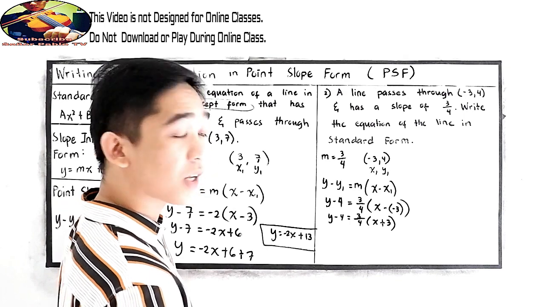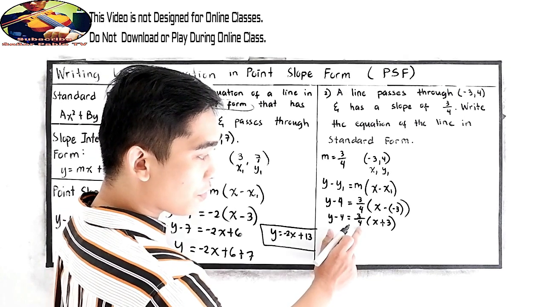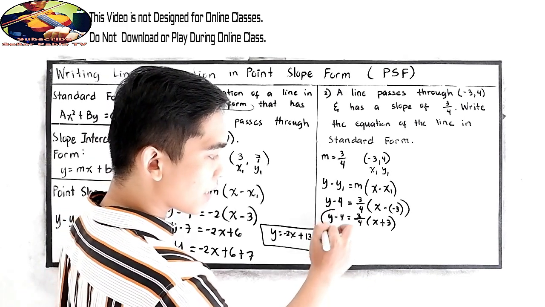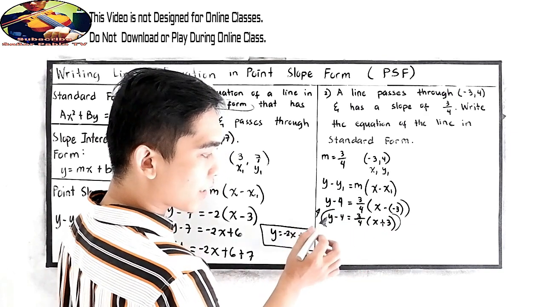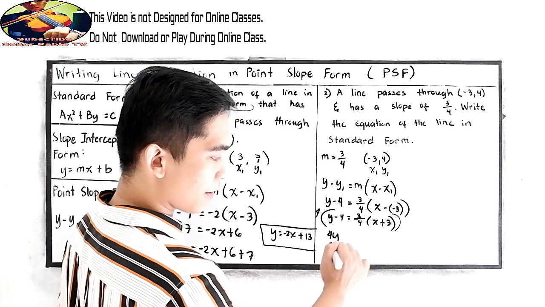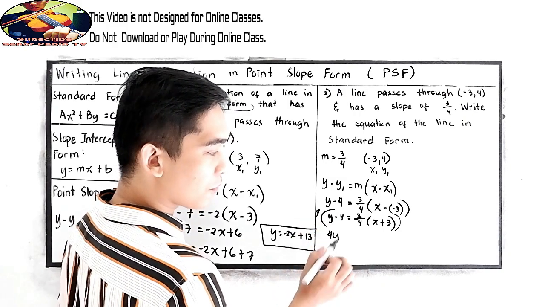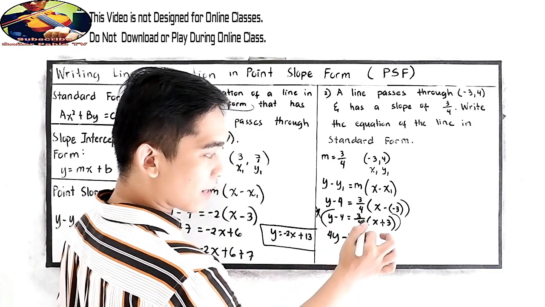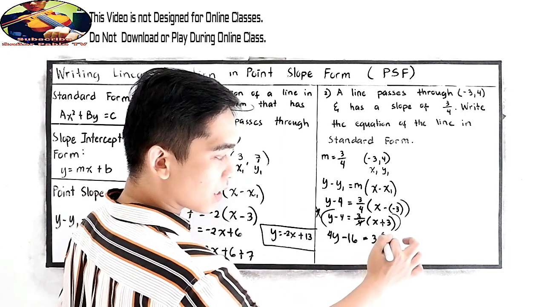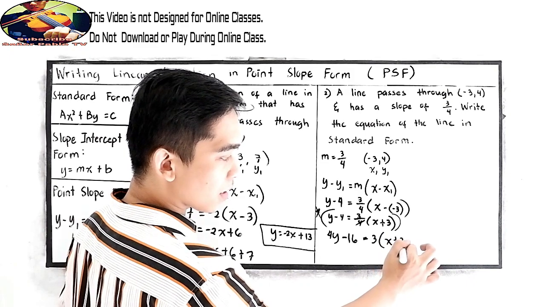since we're looking for the standard form, we can remove the denominator here by multiplying the equation by 4. So 4 times y, that is 4y. 4 times -4, negative 16 is equal to, this will be cancelled out. So I just copy 3 times x plus 3.